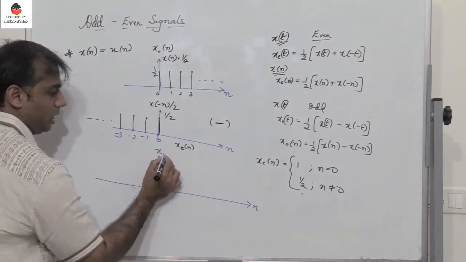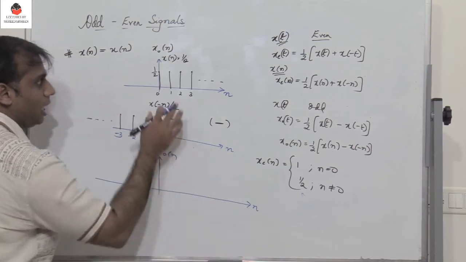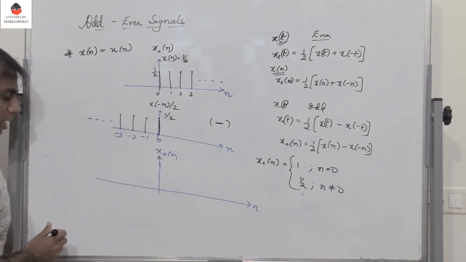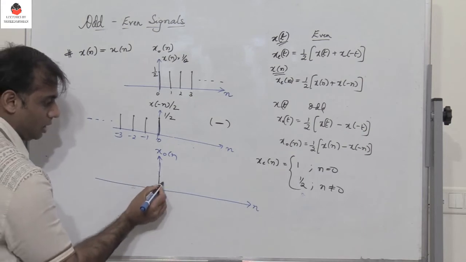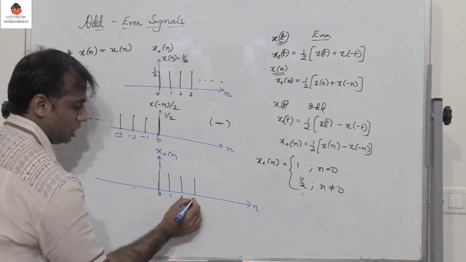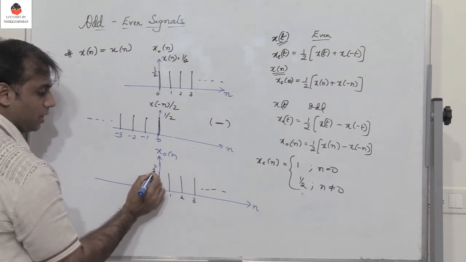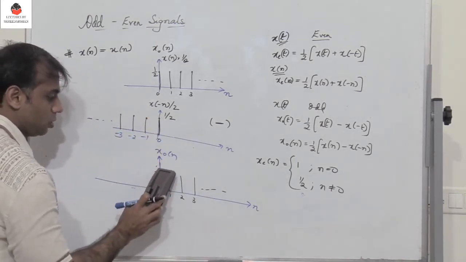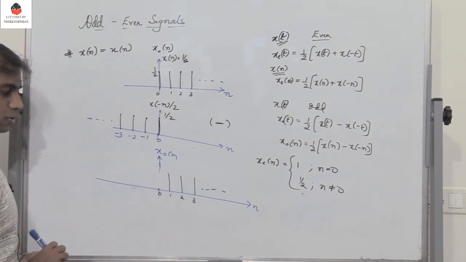So this is going to be x o of n, that is the odd component. I have x of n by 2 here, which is half at 0, and then half at 1, half at 2, 3 and so on. This will be subtracted by this value. So half minus half: at n equal to 0, the value of the impulse gets reduced to 0.